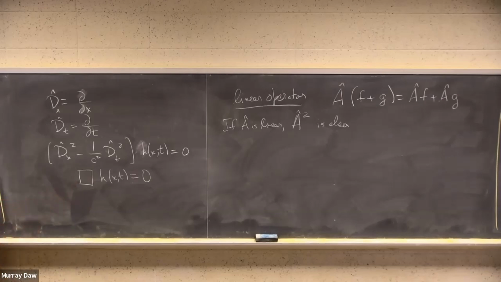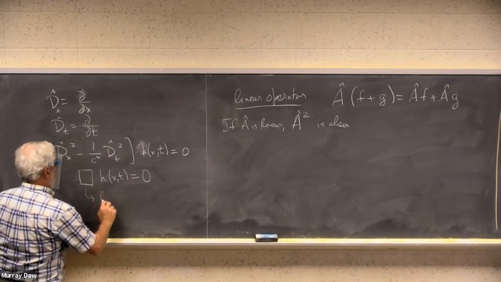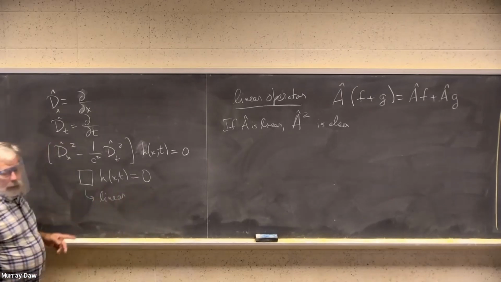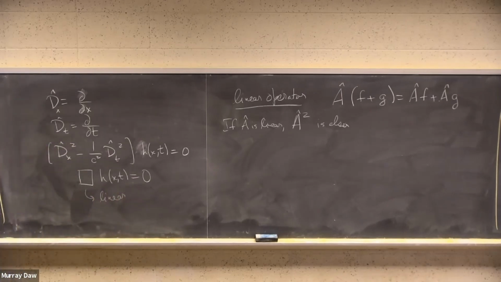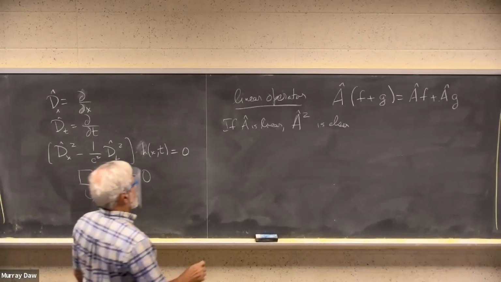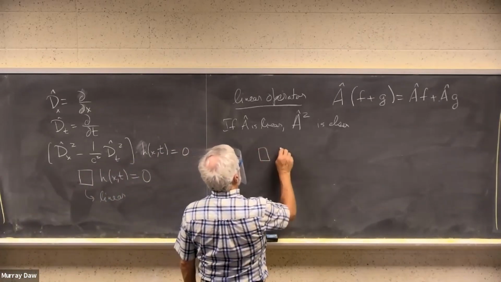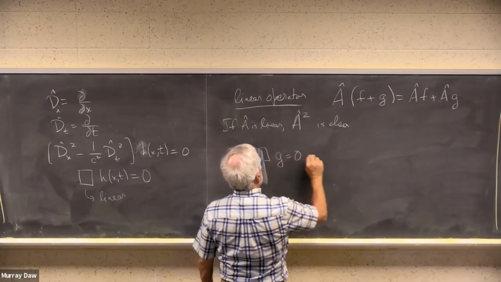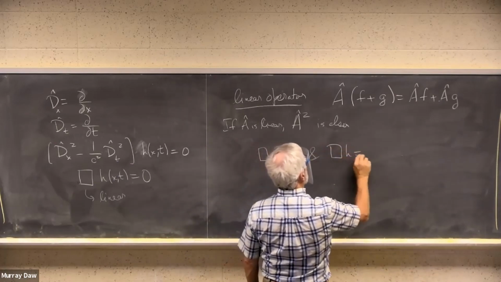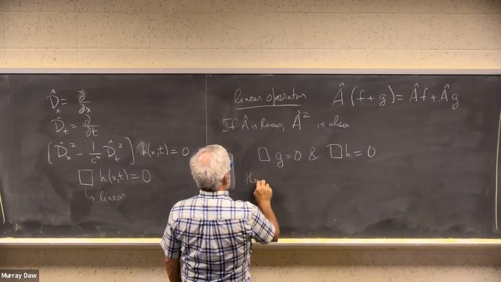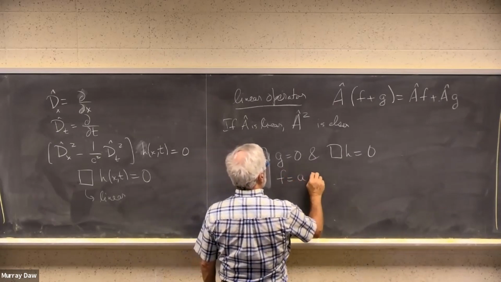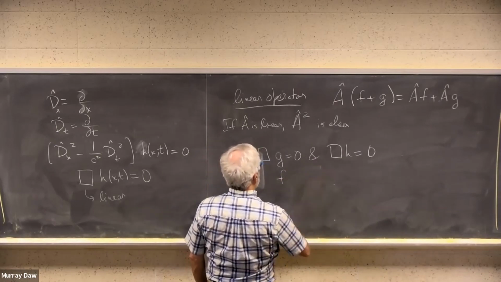Basically the idea. So this is linear, which means that any two solutions to the wave equation, I can create other solutions to the wave equation by adding them, subtracting them, multiplying by constant coefficients. So if I have two solutions, E and H, then another solution can be written as a linear superposition.